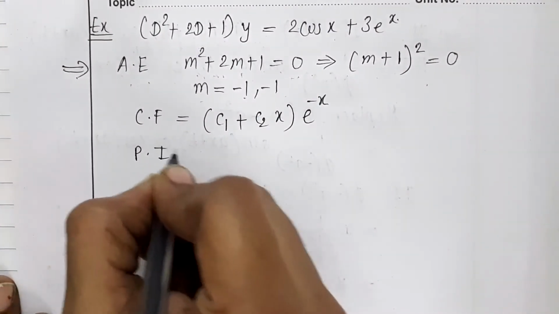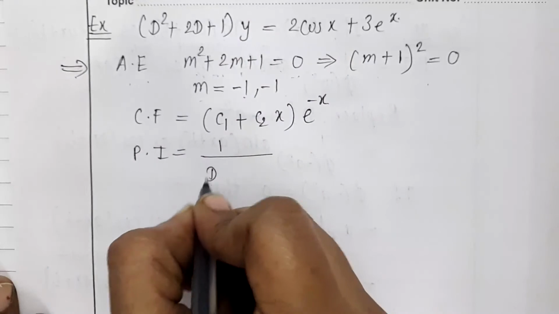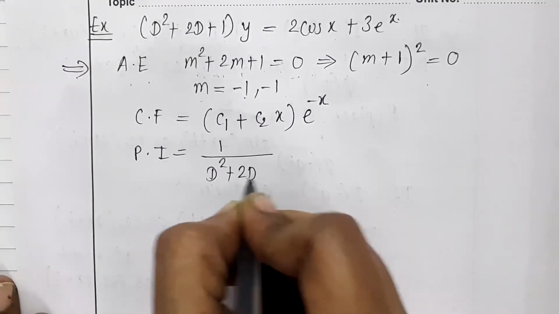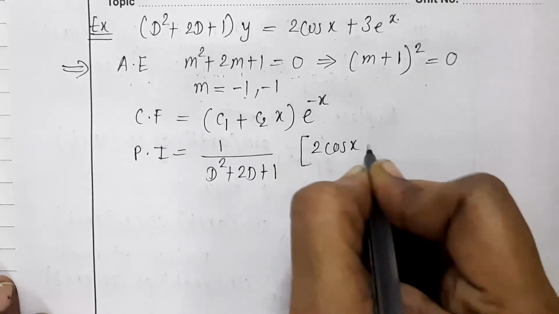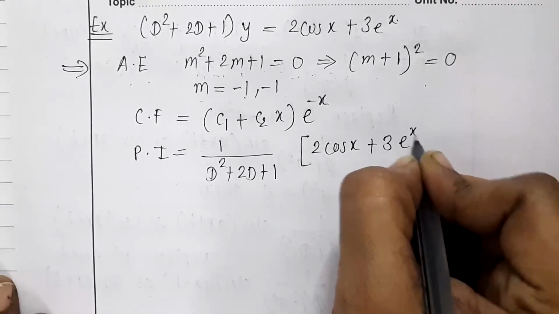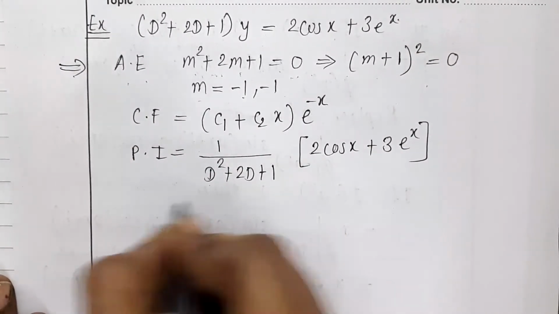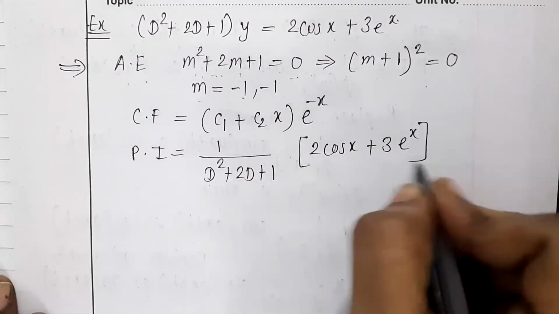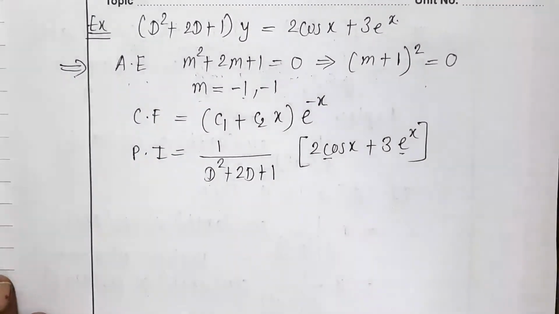The particular integral can be written as 1 upon phi of D, meaning the term in D, which is D square plus 2D plus 1, multiplied by 2 cos x plus 3 e to the power x. So what is the replacement for both the cases? It is different. This is a trigonometric term and this is an exponential term.